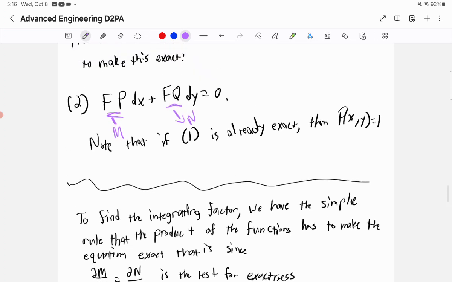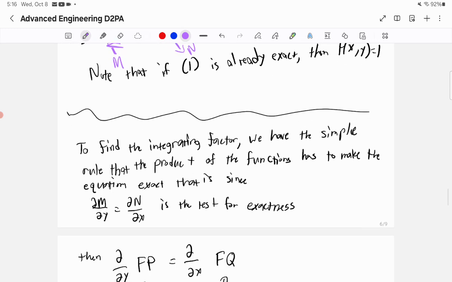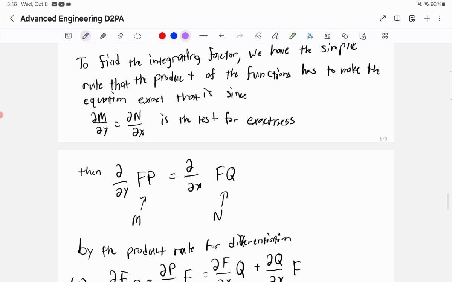And I'll note, what if it's already exact? Well, we just have to choose f to be equal to 1, right? Then we're good. Nothing is violated there. We can choose this function to be a constant if we need to.